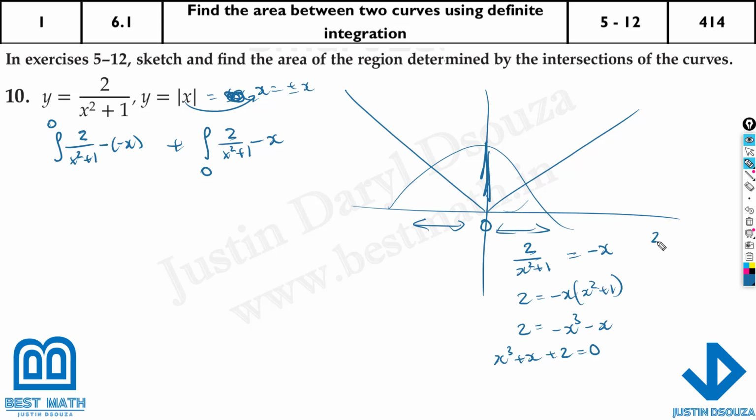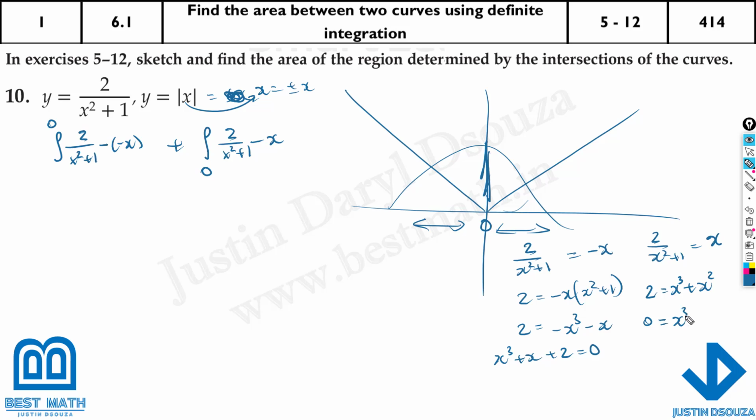The same thing I have to solve again for plus x. Why? Because it's either left side or right side. And this is now the right side limit. It'll be 2 is equal to x, directly I'm going to multiply x times x squared is x cubed plus x. Sorry, it's not going to be x squared, it's only x.